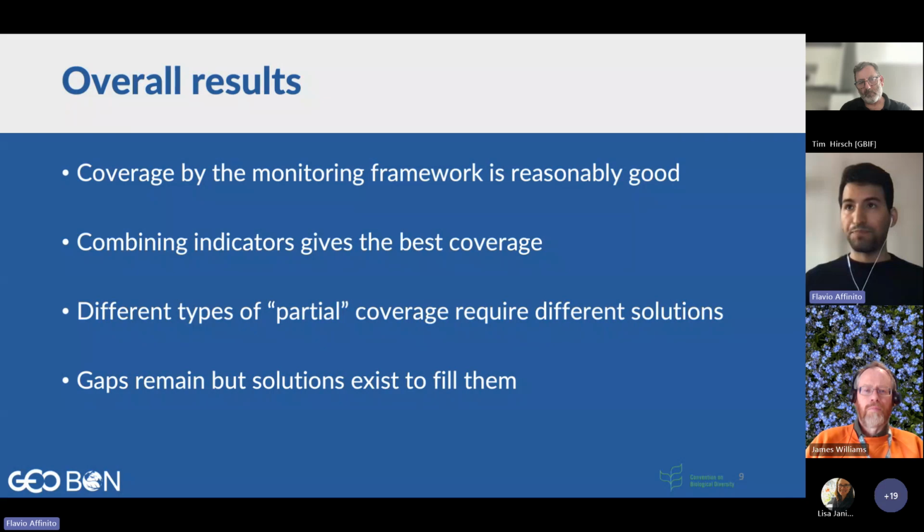And there are easy ways to make partial better in many cases. So there are low-hanging fruits where we can put some effort to improve the monitoring framework. And finally, there do exist some gaps that are not currently covered by the monitoring framework. That's regardless of whether we use only headline and binary indicators or all of the indicators together.